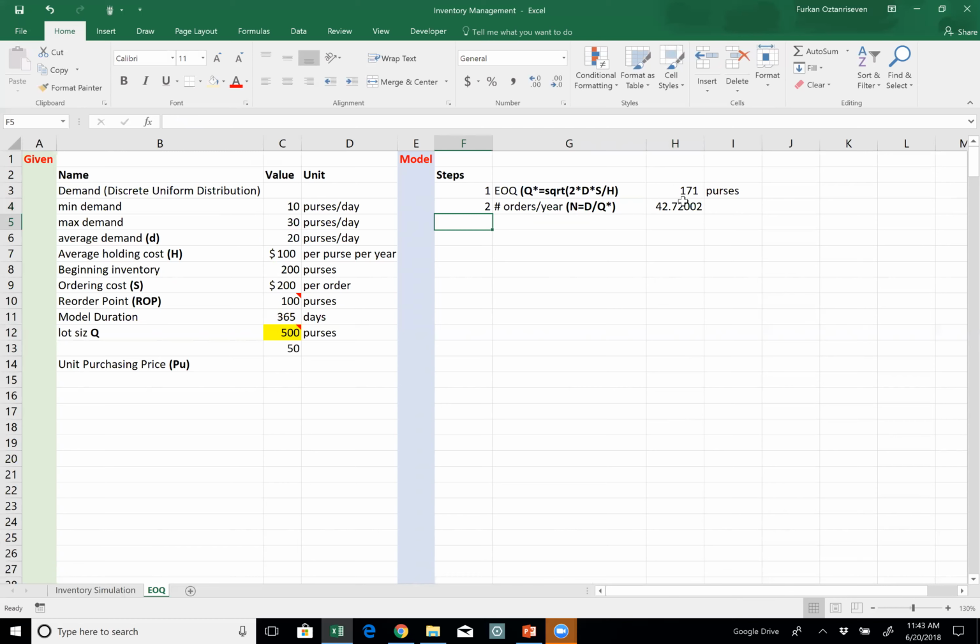As you see here, I need to order 43 times in a year. Number of orders per year is 43. If you want to be more specific, this is 171 purses per order, and these are the number of orders per year.